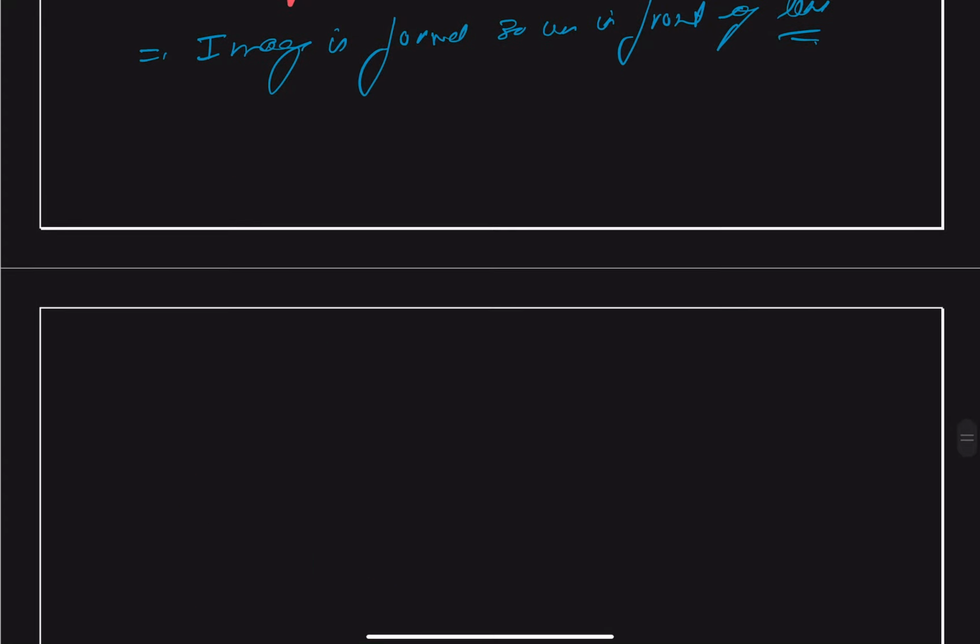So we can draw an approximate figure for that also. The surface is silvered, and this is our principal axis, and it says that our object is at 20 centimeter.